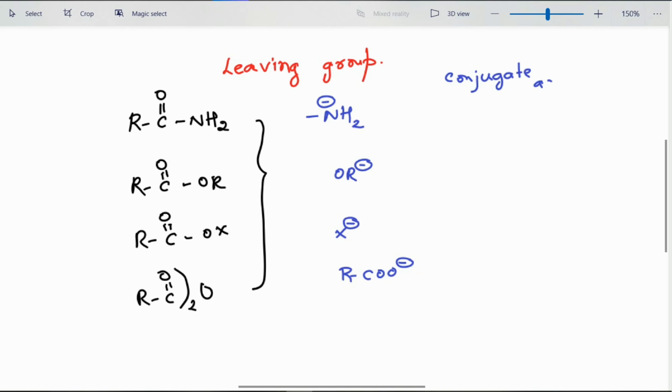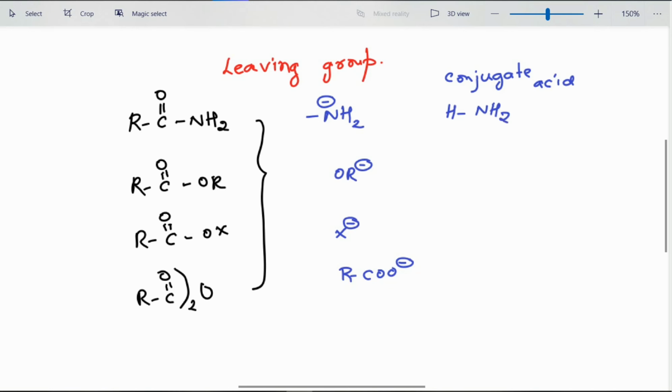For example, if the acidic strength of the leaving group's conjugate acid is higher, the reactivity of the given compound to undergo SN1 reaction is higher. If you consider the NH2 group, the conjugate acid is HNH2, that is ammonia.